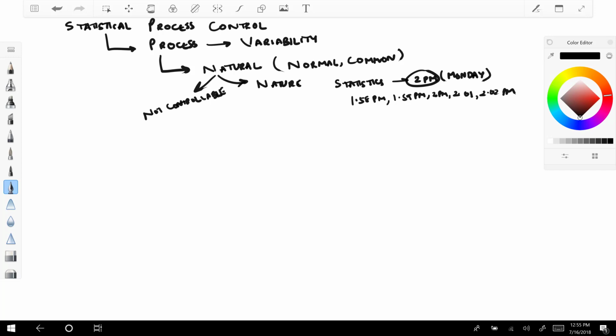The other kind of variation that occurs in processes is assignable variation. It is also called special cause variation.